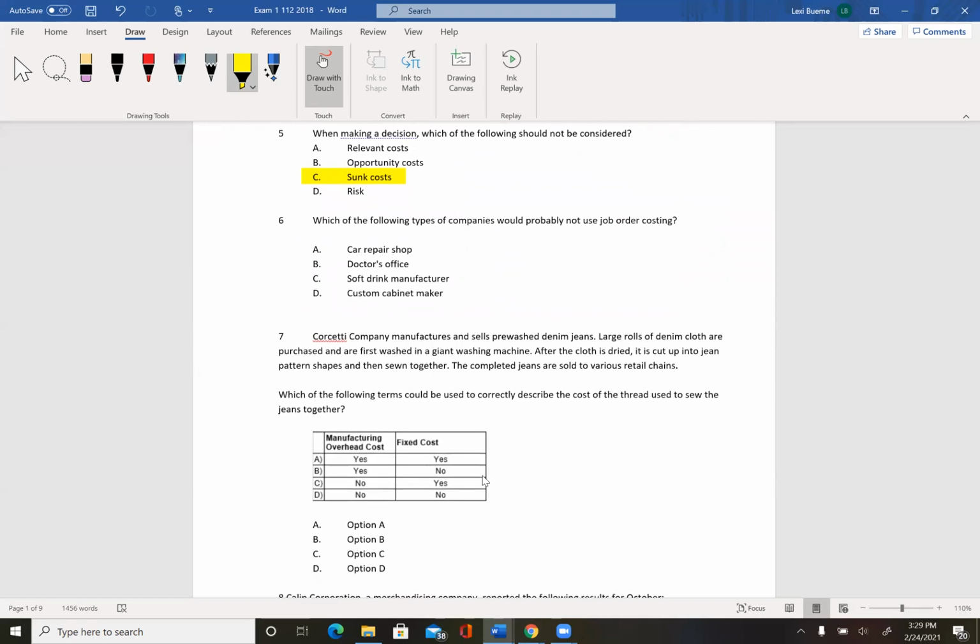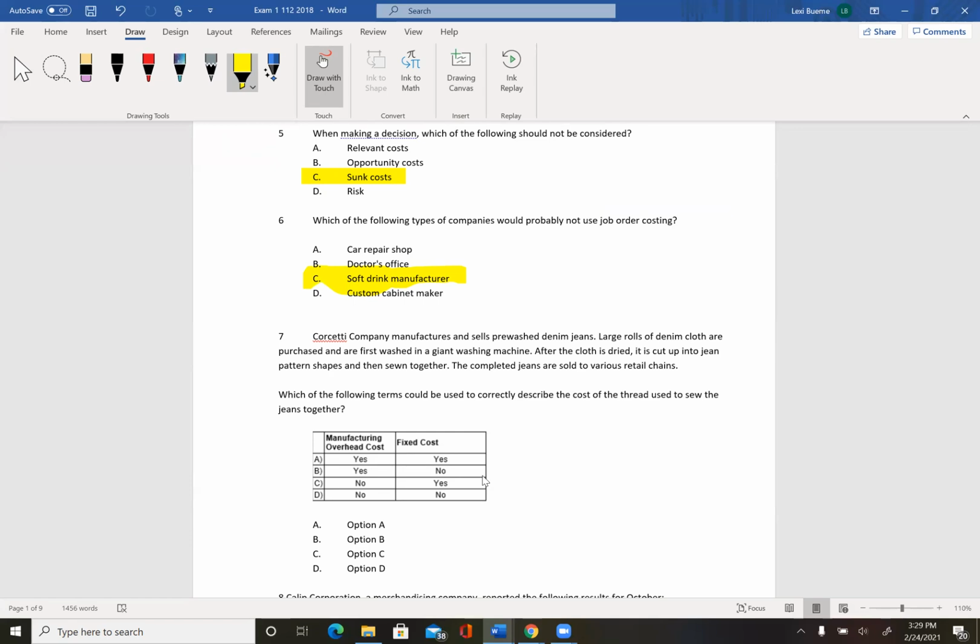Which of the following types of companies would probably not use job order costing? And that's going to be C, a soft drink manufacturer. Job order costing is something that is smaller. It has small production versus process costing, which is very large orders.